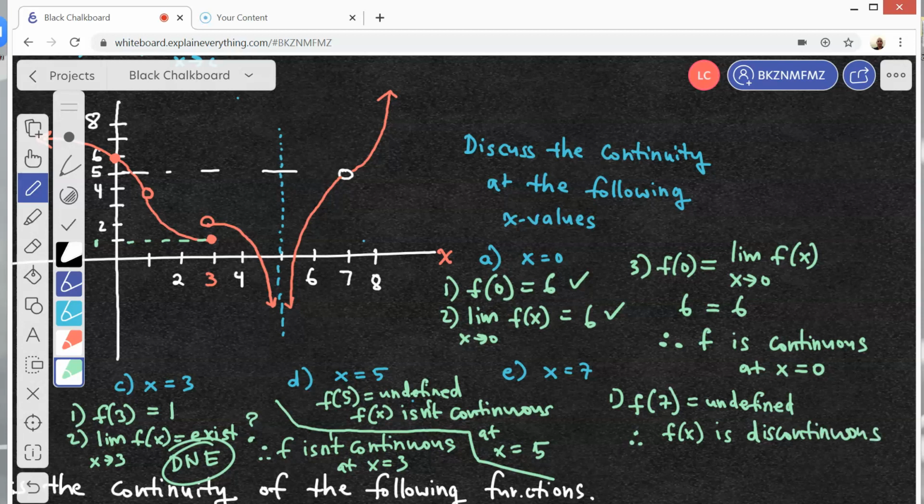So there are these breaks in the graph, these holes in the graph, and that allows us to know that a function is not continuous because of those breaks, because of those holes. There are different types of discontinuity. Let me point some of them out for you.